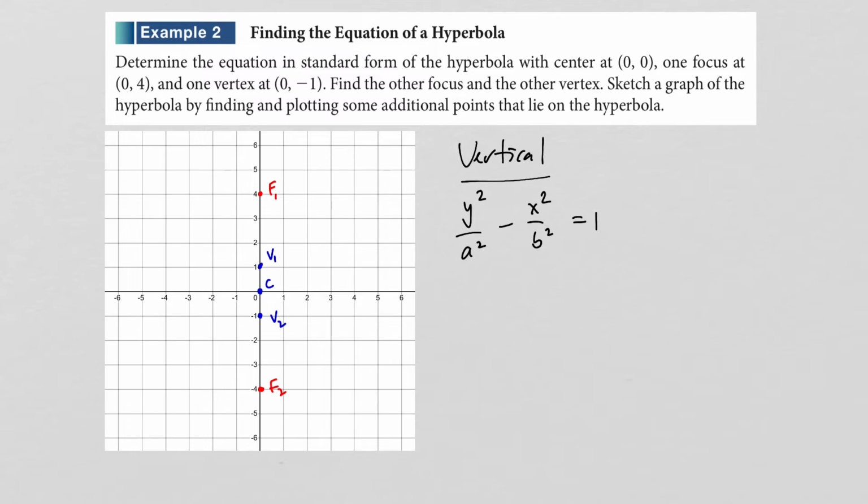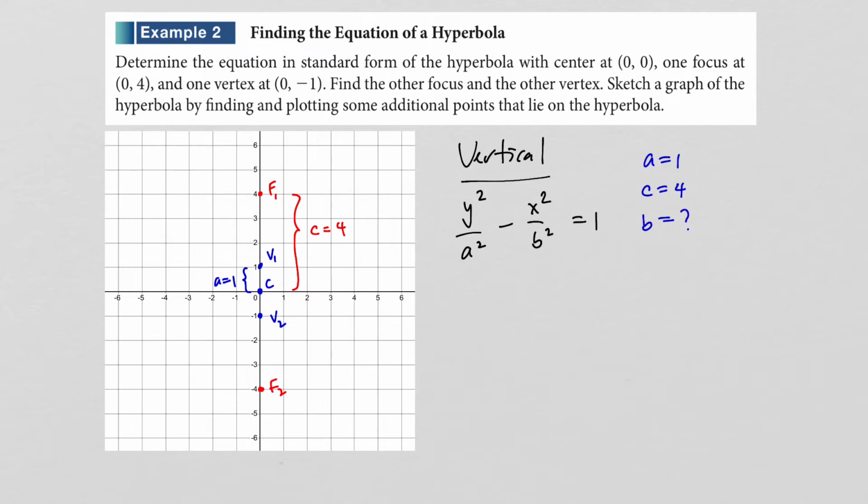We know that the distance between the center and the vertex, so this distance right here, is equal to the value of a. So for this problem, we know that a equals 1. The distance between the focus and the center is the value of c, so we know that c equals 4.